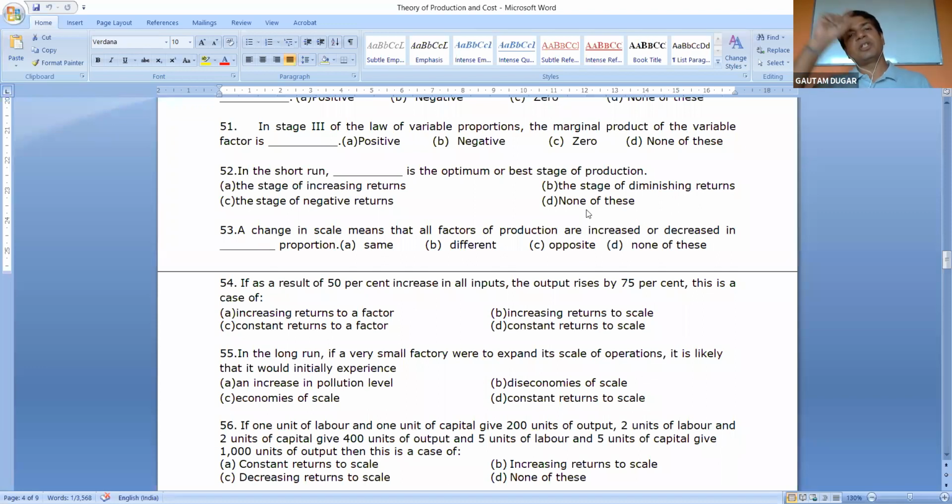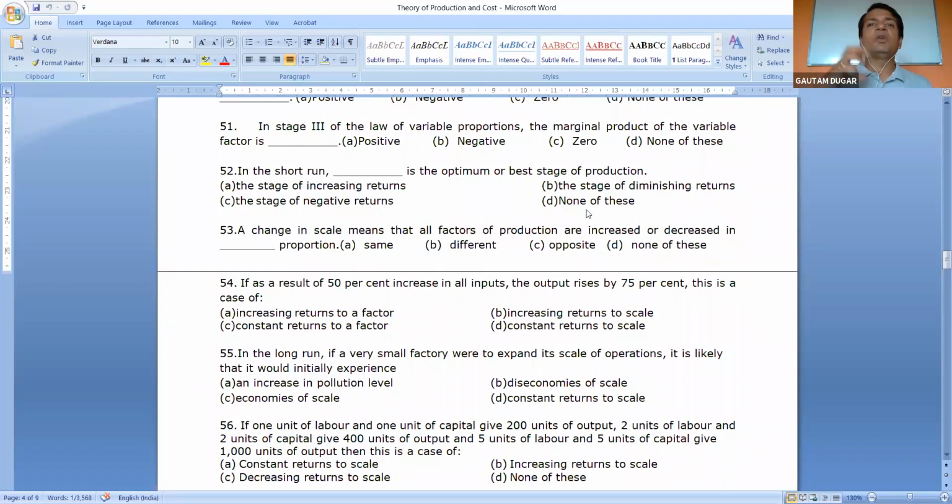The long run production function is also called this. We have three stages. First, it is increasing returns. Then we have constant returns. And then we have diminishing returns. And remember, every firm passes through a very long phase of constant returns in the long run.